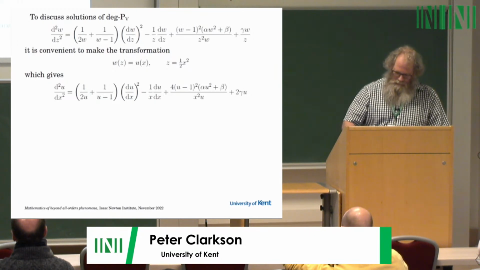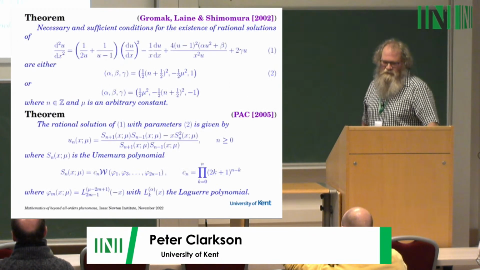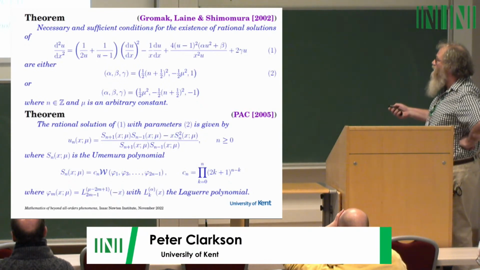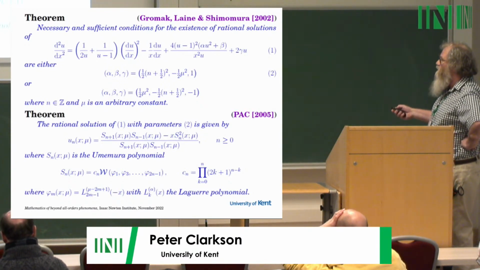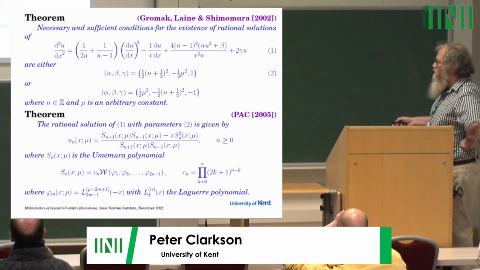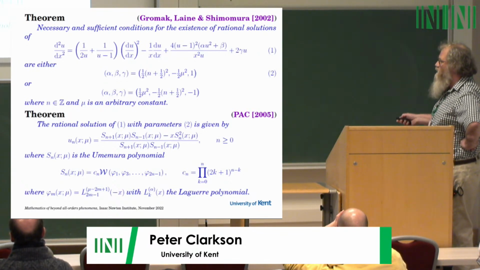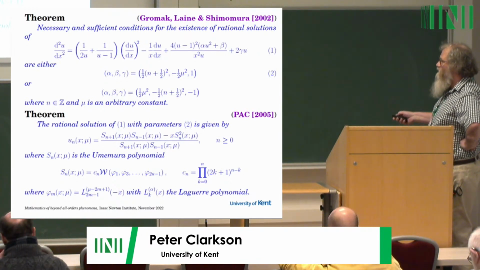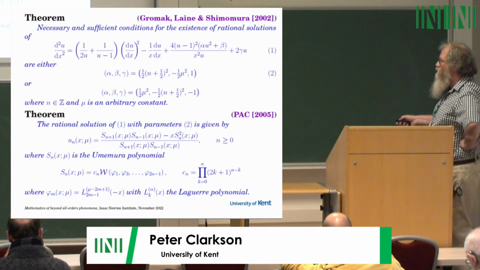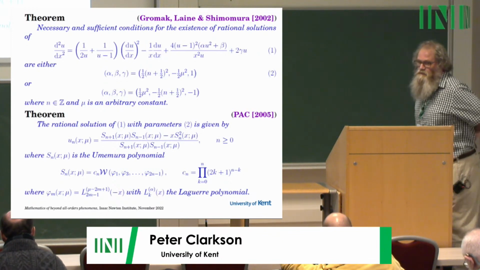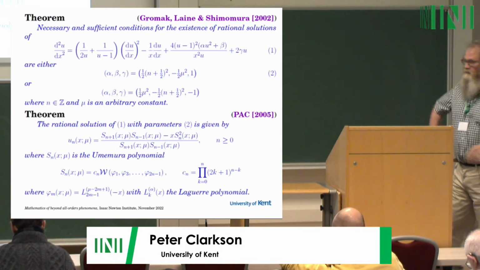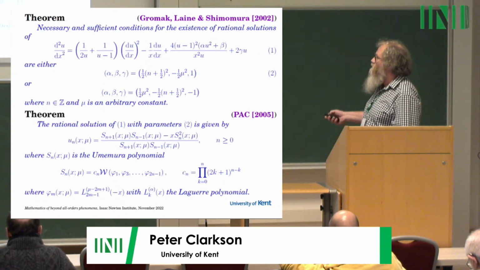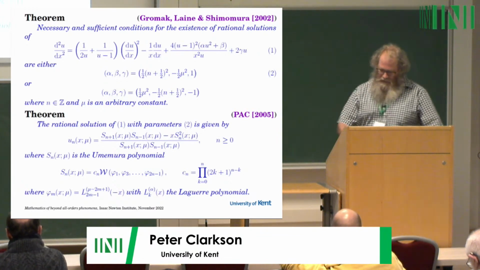Well, for rational solutions, these were classified 20 years or so ago, and in fact, I wrote a paper in 2005 where I expressed them in terms of the Umemura polynomials. So you can actually get an explicit form in terms of the Umemura polynomials. I'm not having to go through Painlevé 3, just purely using a direct definition here. So that is what the rational solutions are. They're well known.